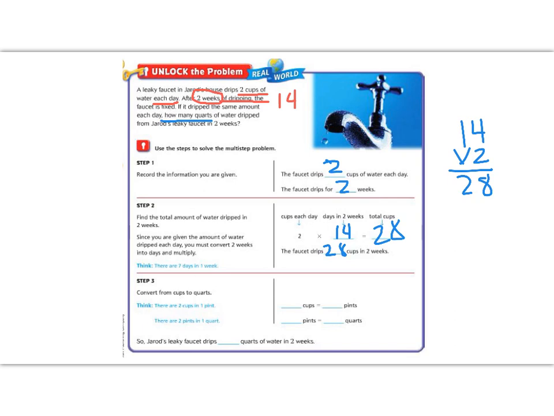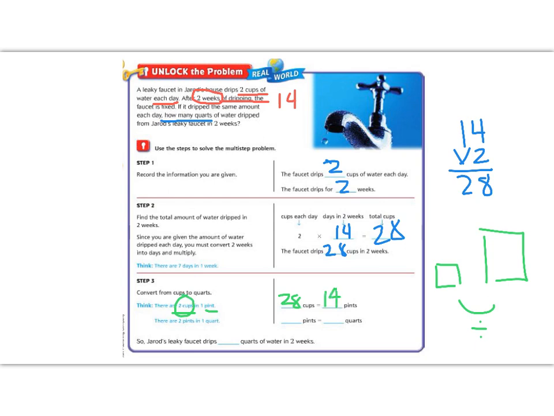So that means that we have to think and remember that there are 2 cups in 1 pint. So the first step would be to change our cups into pints. And if we're going from cups, which is small, to pints, which is big, then we are going to divide. So 28 divided by 2, because there are 2 cups in a pint, is 14.